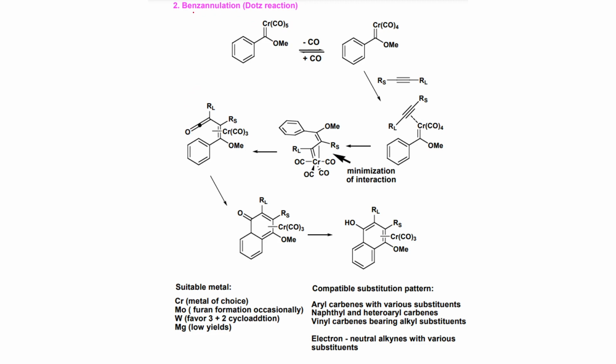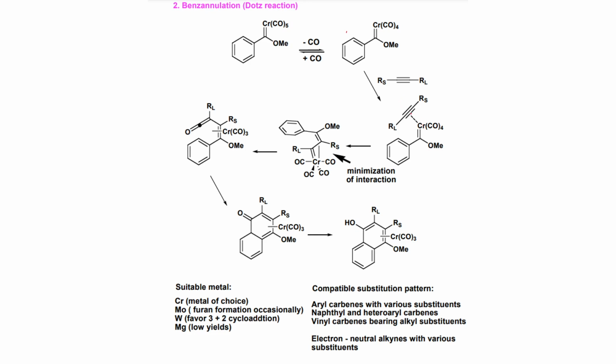For this particular reaction, the benzannulation, the Dotz reaction, at first if we have this carbene with carbonyl, we can have this kind of intermediate. Now we have to do it with the alkyne.